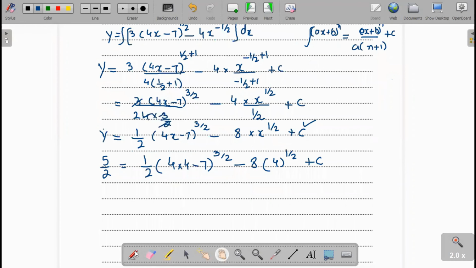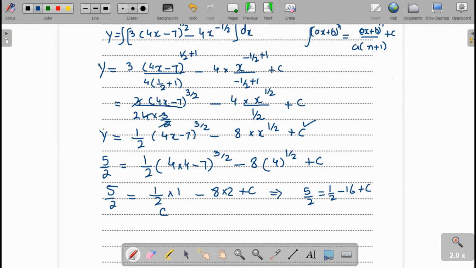We solve this: 1/2 (8 minus 7)... 16 minus 7 is 9, to the power 3/2, minus 8 times the square root of 4, which is 2, plus c. Now we get 5/2 equals 1/2 minus 16 plus c.